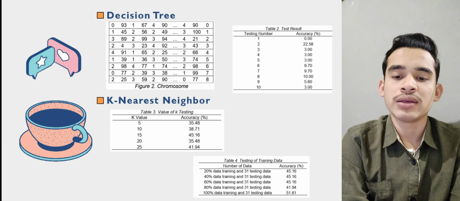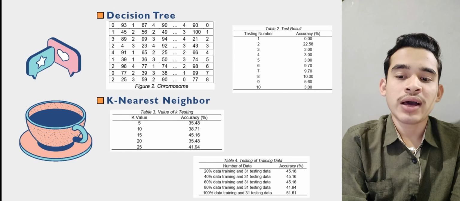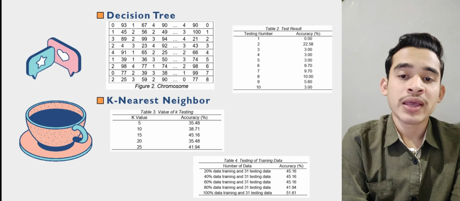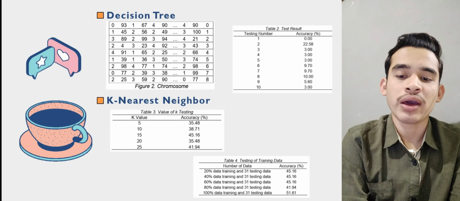K-Nearest Neighbor. Testing was done by testing the value of K and testing the training data. We use 155 training data and 31 testing data. The K value testing aims to find how many neighbors give a good accuracy value.